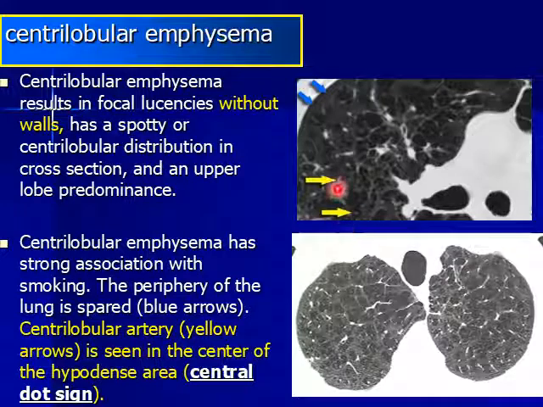Look for this. This represents the arteriole in the core of the secondary pulmonary lobule, and we use this central dot sign to differentiate it from lung cysts. So, centrilobular emphysema is an ill-defined, increased area of lucency containing a dot in its center, and distributed all through the lung.